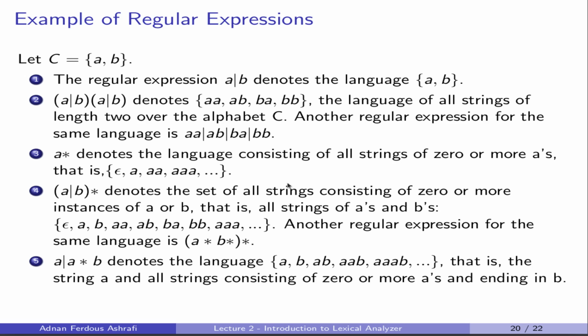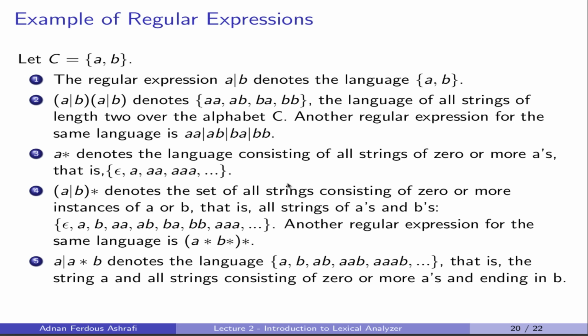So any string that ends with a B and has 0 or more A's before it is an example of this specific regular expression. Okay? So these are the examples of regular expressions.